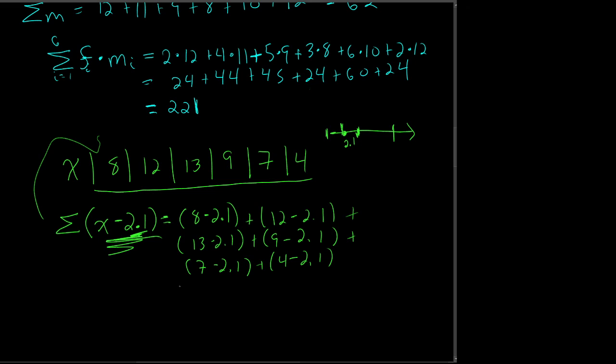Let's see, that's 5.9 plus 9.9 plus, what's 10.9 plus 6.9. 0.9s always get me because they're right around a boundary. Plus 4.9 plus 1.9.